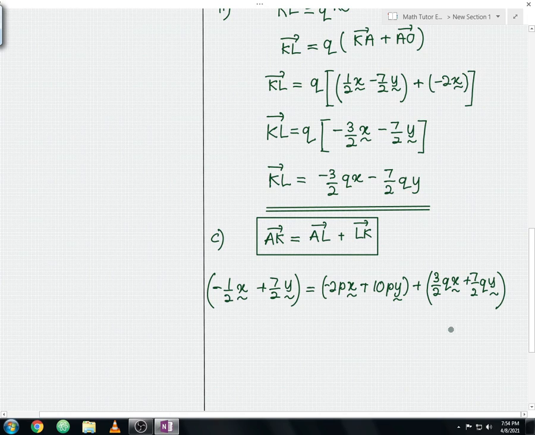Close bracket. These two vectors, we're going to add them together.